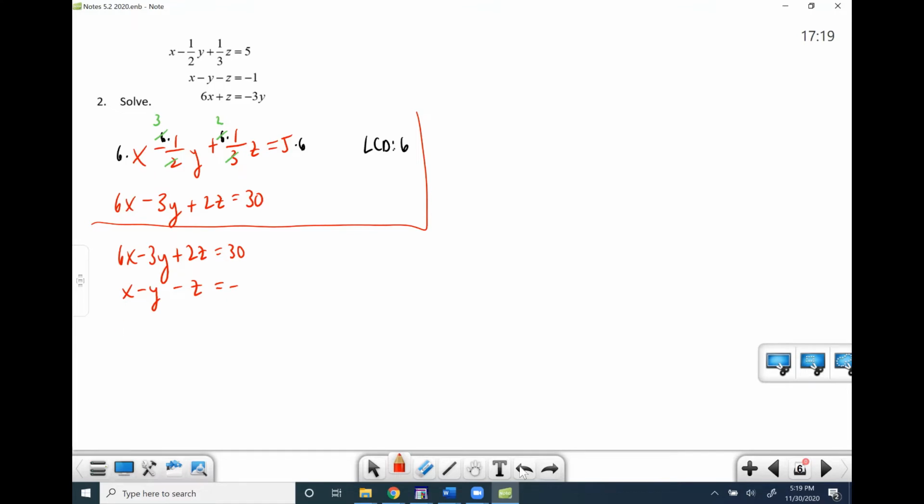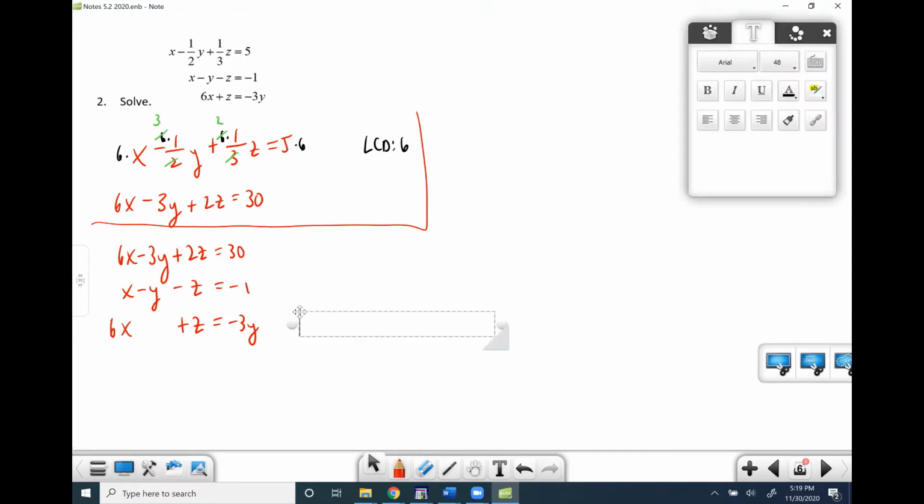Oh, this one only has an x and a z, huh? There we go. Okay. All right, you guys. So here's how I do this. When one is already missing a variable, box it.